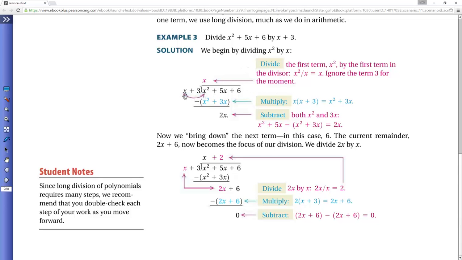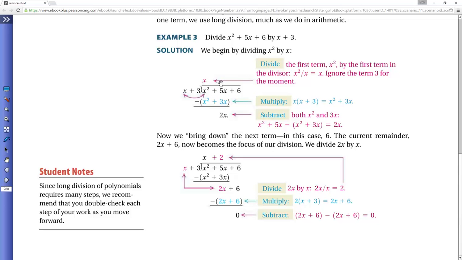So they go in here and say, well, x plus 3, what I do is I check the first term against this first term, and I'm going like, what would I need to multiply by to get x squared? Or another way, if I divided x squared by x, what would I get? X, okay? Well, there's my first part of my quotient, the answer to my division.